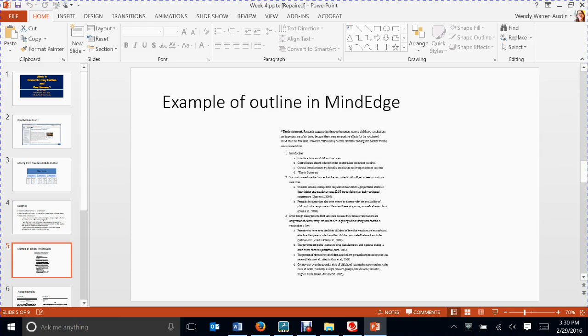Now, I'm going to be including this example of an outline from MindEdge. It's about vaccinations for children. And the thesis statement says, research suggests that the most important reasons childhood vaccinations are important are safety-based, because there are many positive effects for the vaccinated child.